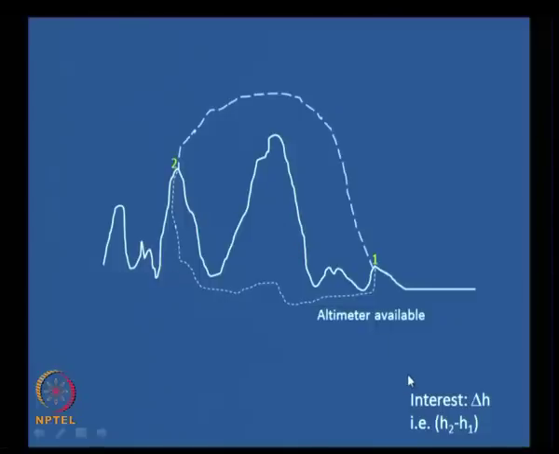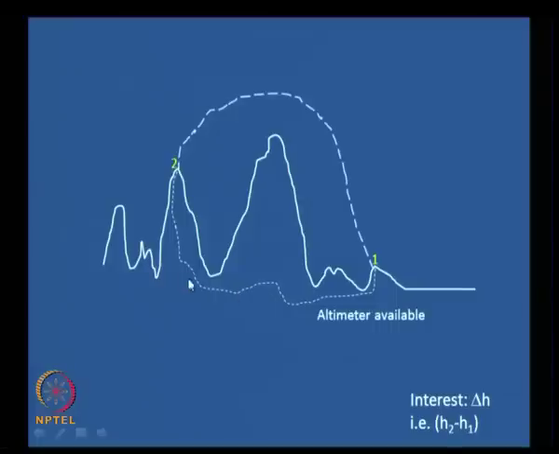If our interest is in finding out the difference in heights between point 1 and point 2, which is indicated by delta h, h2 minus h1, we know that an altimeter gives us heights. So all we need to do is measure the height here with the altimeter, go through the path and measure the height here.